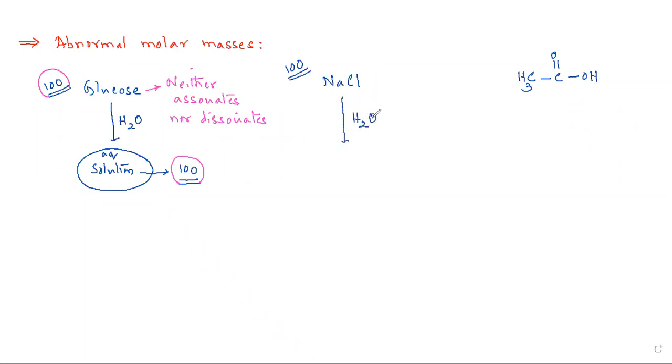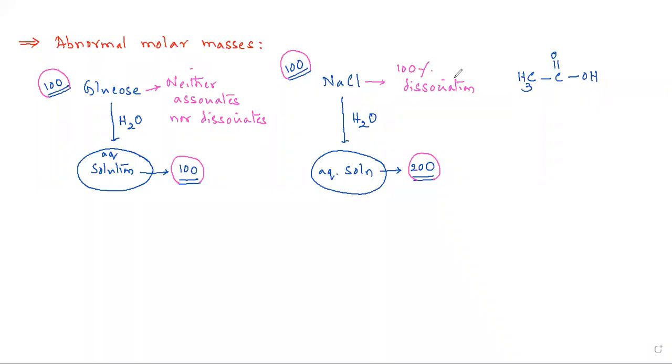When dissolved in water, the aqueous solution will actually have 200 particles, if suppose it undergoes dissociation to an extent of 100%. 100 molecules, if they dissociate to an extent of 100%, will give us 200 particles.